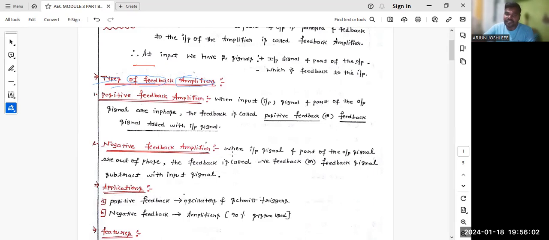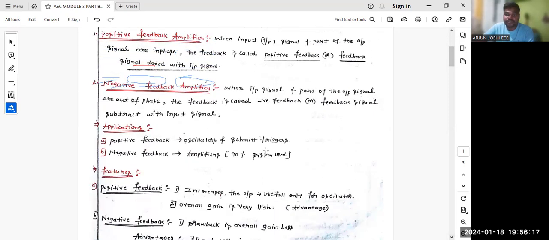Another definition: when the input signal and part of the output signal are out of phase, it is negative feedback. In positive feedback they are in phase. I hope all of you understand positive feedback and negative feedback.